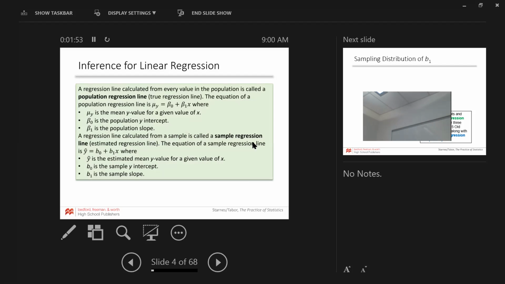So we have this, the population regression line, mu sub y equals capital beta sub 0, which is the intercept of the true regression line, plus capital beta sub 1, which is the slope of the true regression line, times the input. They're identifying that.